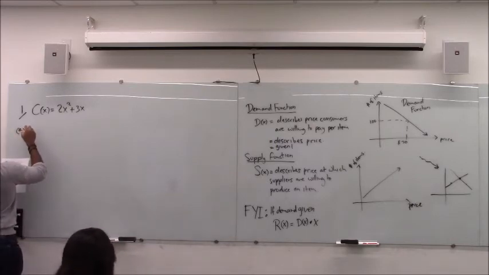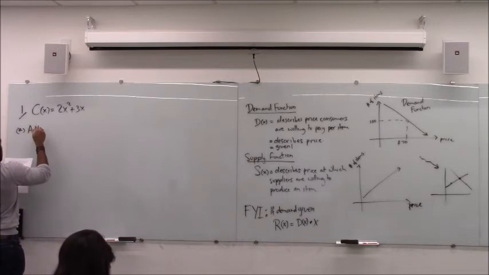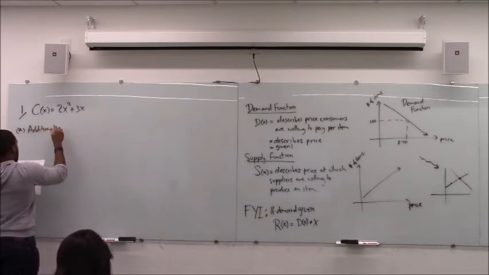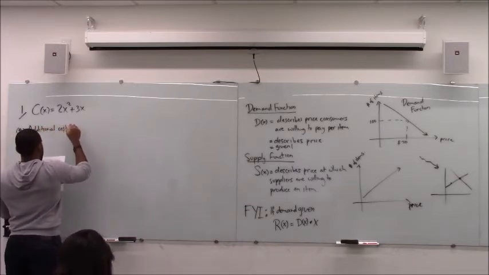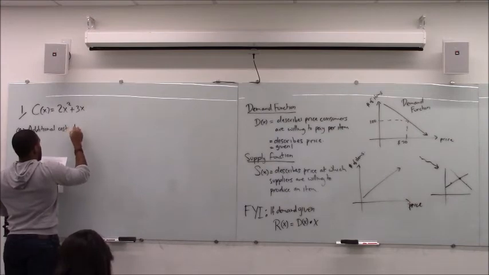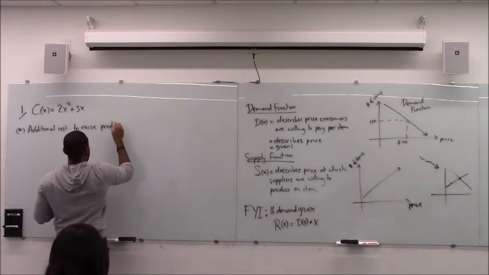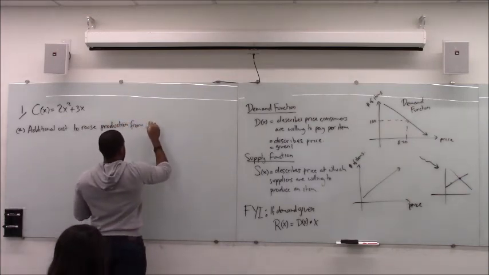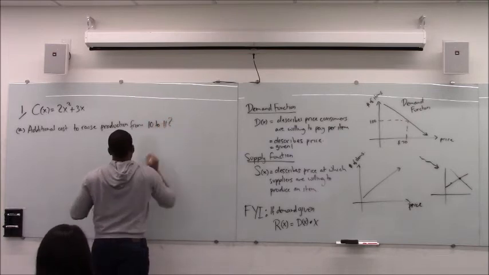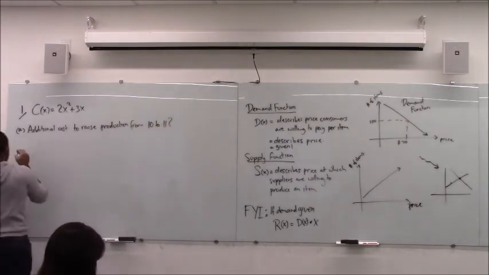Part A asks: what is the additional cost to raise production from 10 to 11? That's the actual cost that we want here.